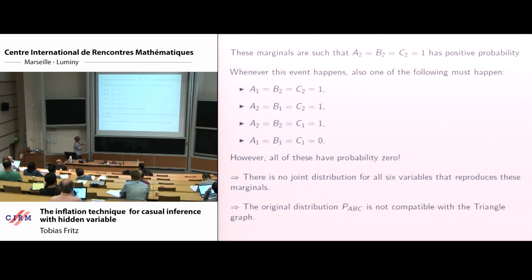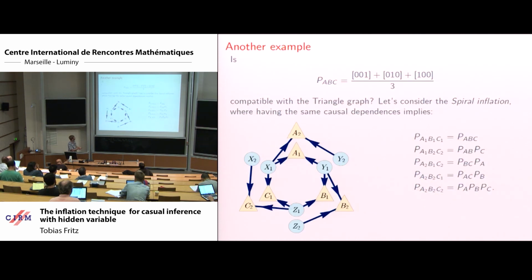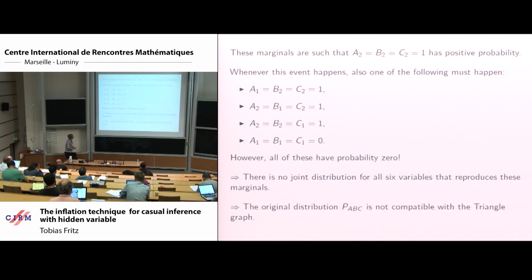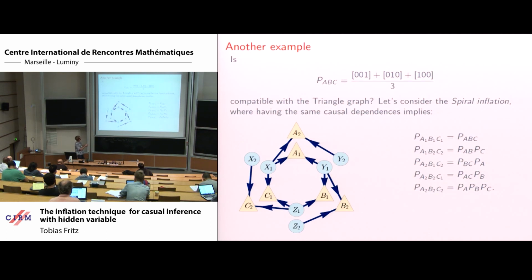So this event has 0 probability. Well, this one had positive probability, and so now this is in contradiction with that union bound inequality. And so there's no joint distribution for all the 6 variables which would reproduce these marginals for this particular example. And therefore we conclude that the original distribution from here cannot be generated using this triangle causal structure.